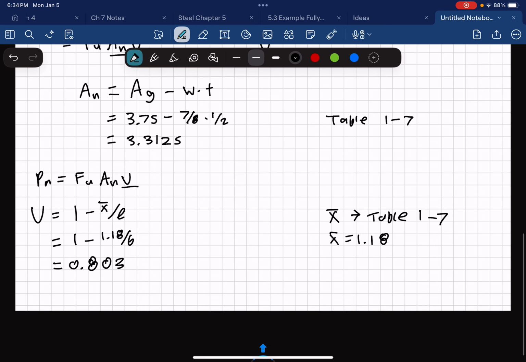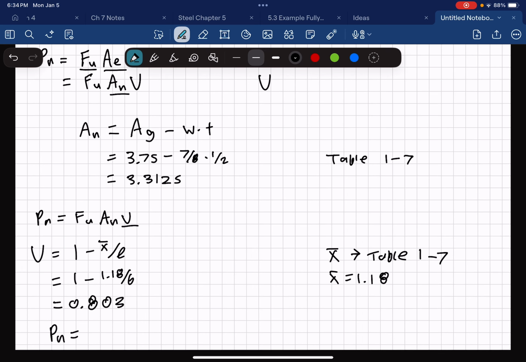So, according to case 2, our nominal strength is 58 times 3.3125 times 0.803. We can plug this all in real quick, and our nominal strength is 154.28 kips.